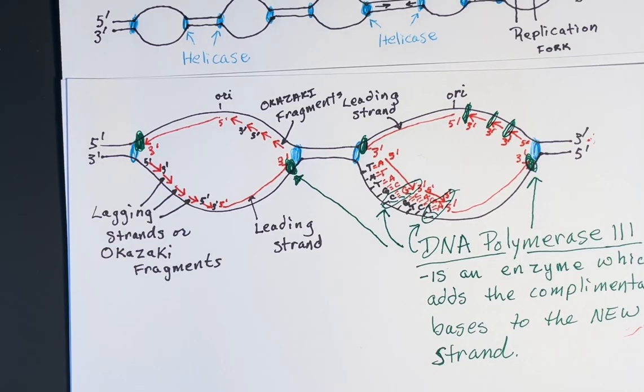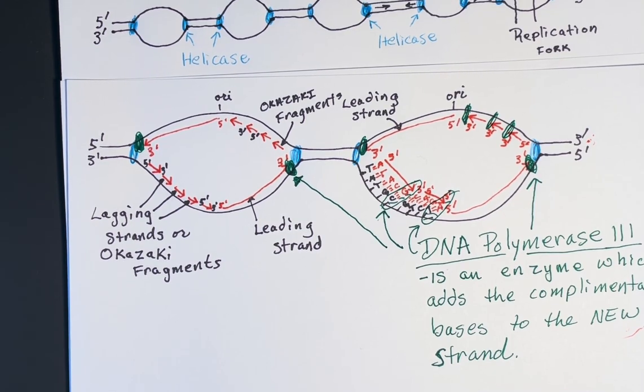Ligase acts as a glue, and it glues or attaches, creates the sugar phosphate attachment or bond. It's a covalent bond. It's actually called a phosphodiester bond. So next picture, I'm going to show you the ligase.